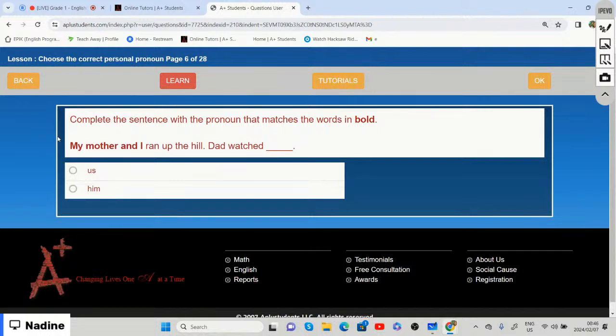And the last one: my mother and I ran up the hill and dad watched us. So we can say my mother and I ran up the hill, dad watched us.